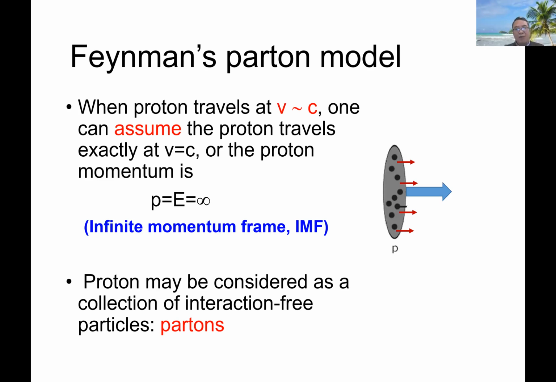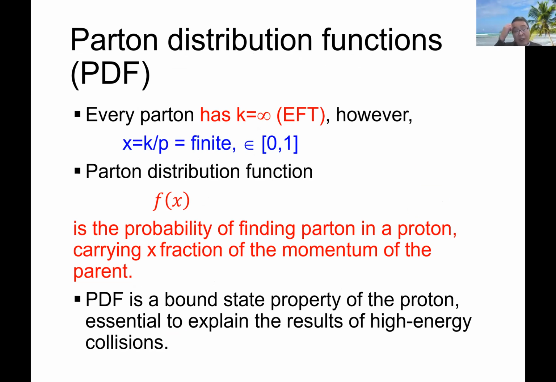And in this frame, the proton may be considered as a collection of interaction-free partons, okay? So this is, again, very elementary in every field theory textbook right now. So every parton, in fact, has infinite momentum. And we call it k.